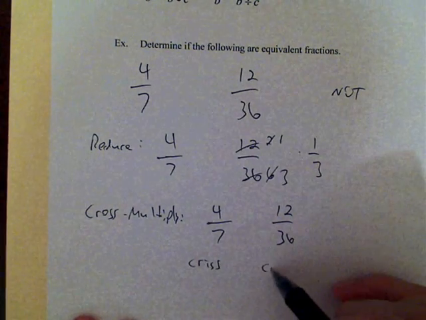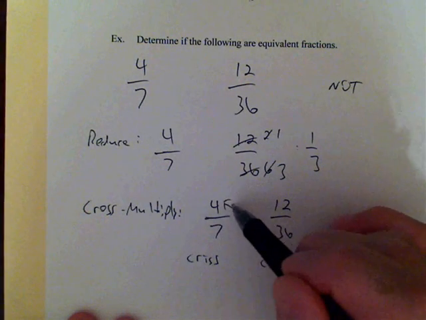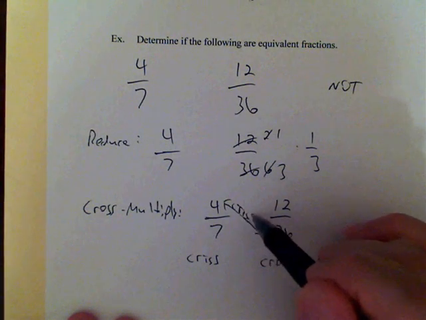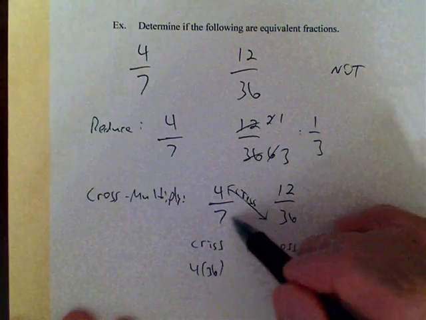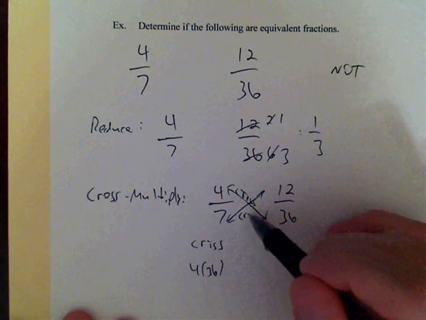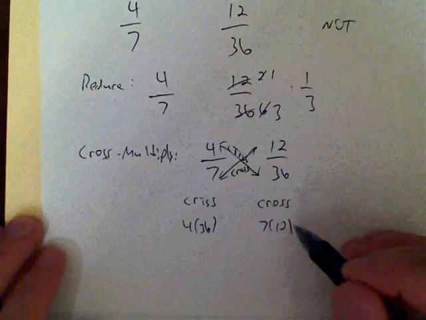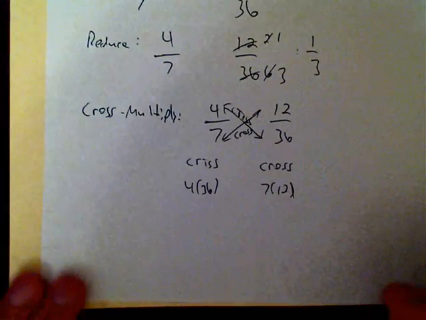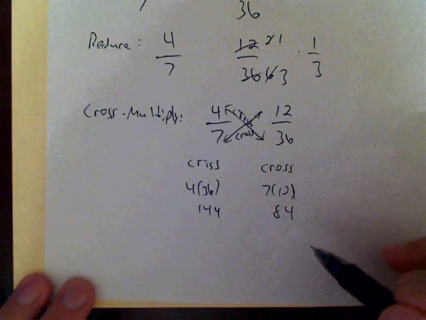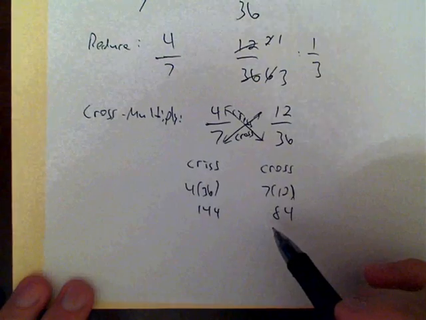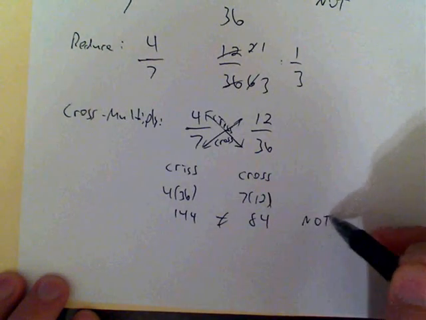So we're going to go criss cross. 4 times 36 is what you want to do for the criss, and then you want to take 7 times 12 for the cross. Now 4 times 36 is 144. 7 times 12 is 84, and as you can tell, 144 does not equal 84. So that's another way to verify that these are not equivalent fractions. This little equals sign with the line through it means not equal to.